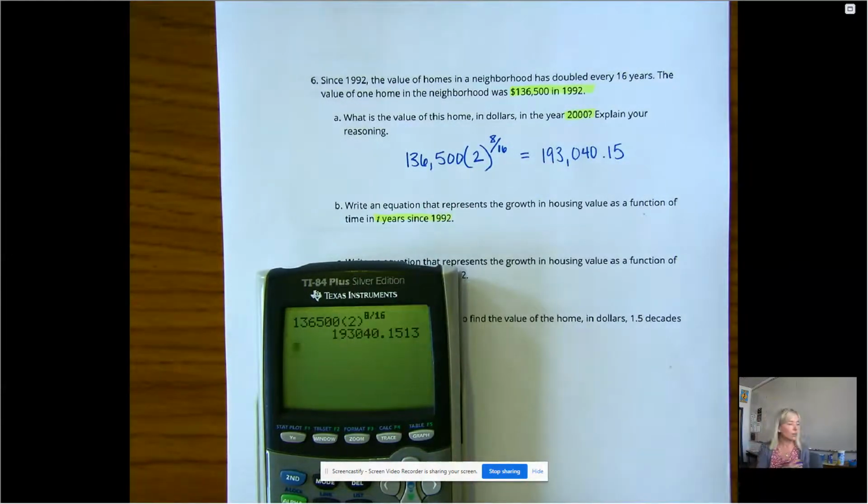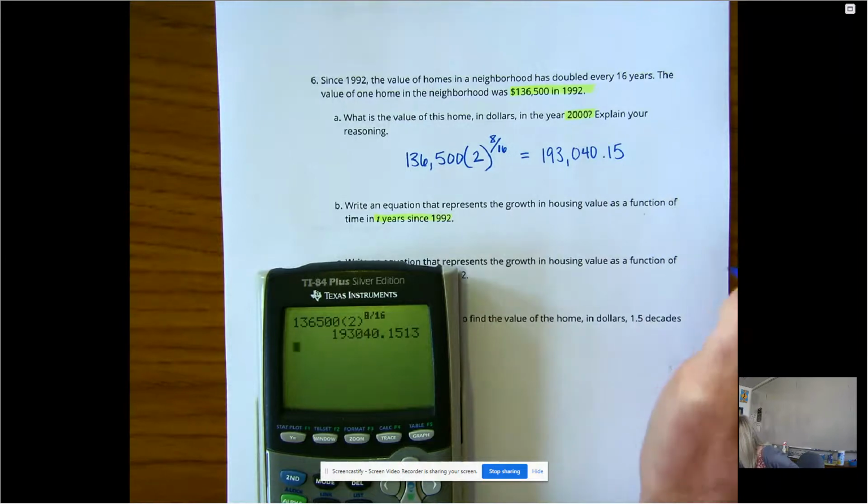So we have to remember that that doubling happens in a 16-year time period. And so if we want this to be every year, then we have to account for that like we did in the first one.